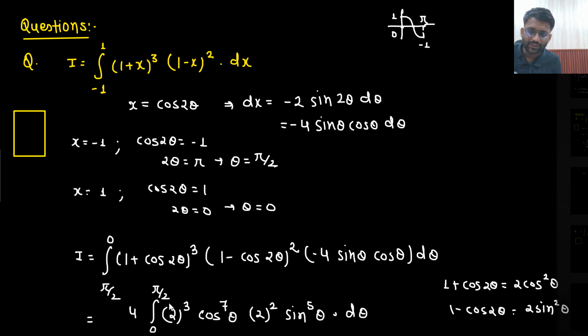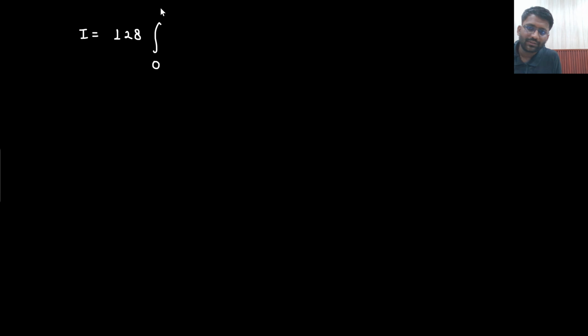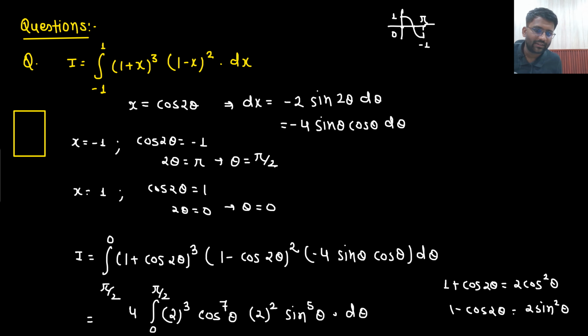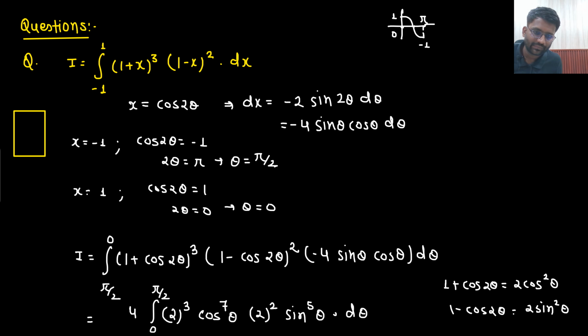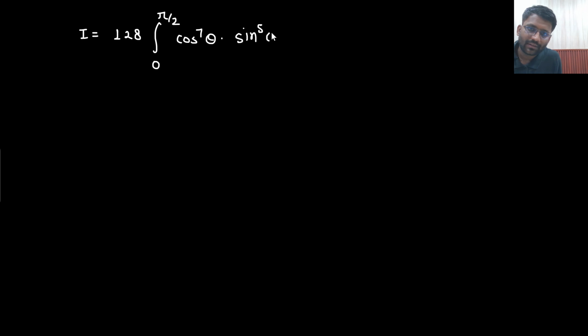So what is your integration I? Integration I is 128 coming outside, integration from 0 to pi by 2 of cos to the power 7 theta, sin to the power 5 theta d theta.